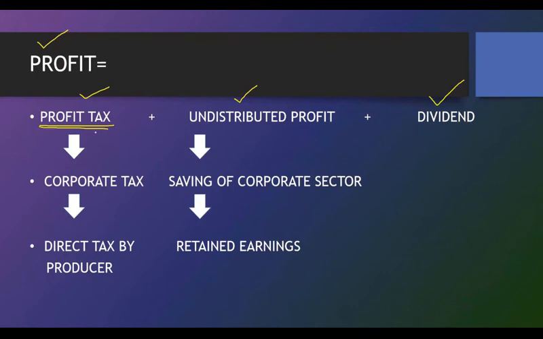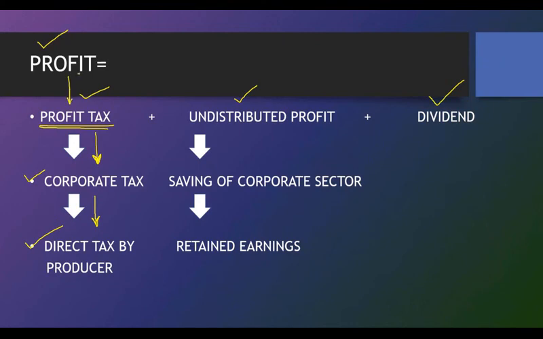The profit tax is also called corporate tax, because corporate firms pay it. As it is paid by the producers, it is also called direct taxes paid by the producer. So the main synonyms for profit tax are corporate tax and direct taxes paid by the producer. This is one part of the profit.